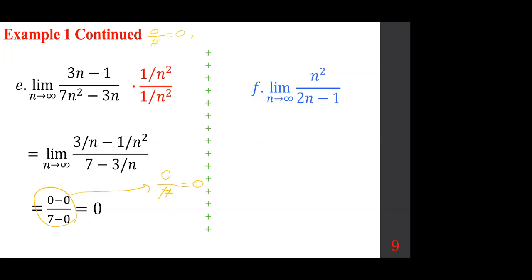If we get any number over 0, it's infinity, but the question is whether it is negative or positive infinity, and I will show you how to arrive at the answer easily. When we divide a number by 0, it blows up. But does it go to infinity or negative infinity? We have to figure it out. For part F, we are going to divide the top and the bottom by what, everybody?